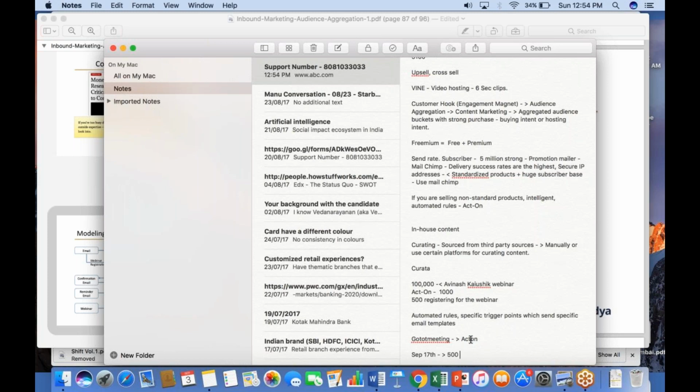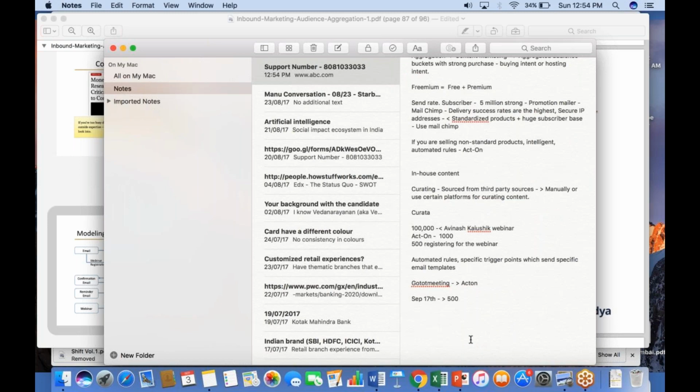Based on your rules, we typically have reminders which go out 24 hours prior, 6 hours prior, 1 hour prior, or half an hour prior to the webinar. These emails are auto triggered. Let's say the webinar is on September 17th at 5 p.m. IST. On September 16th, 5 p.m. IST, a reminder mail goes out to these 500 people.